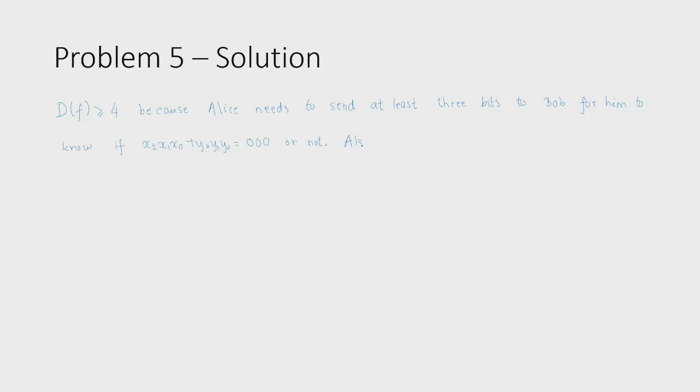Also, if Bob doesn't communicate, the function value, right?